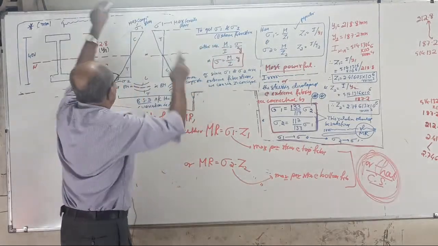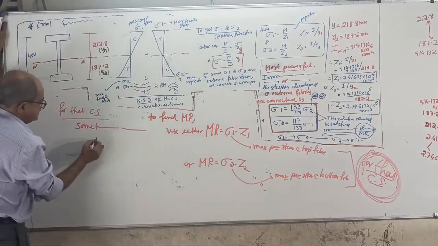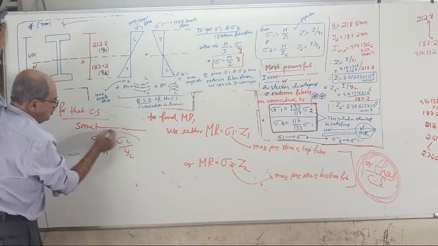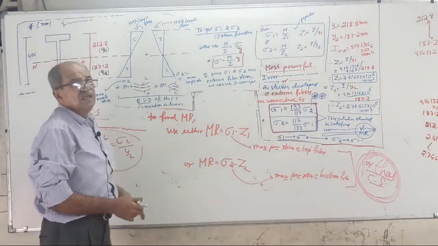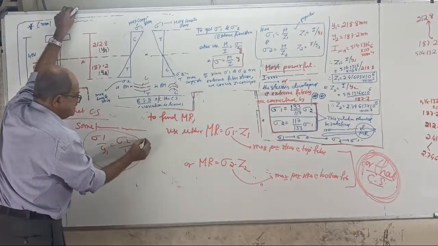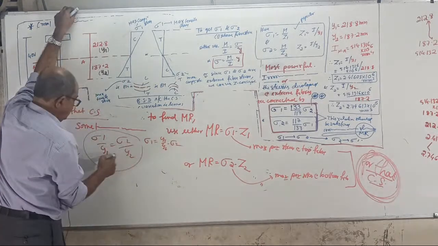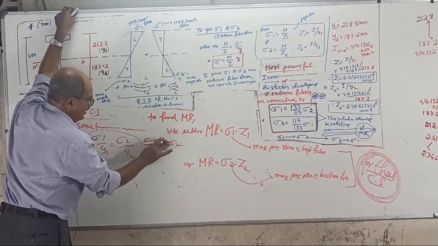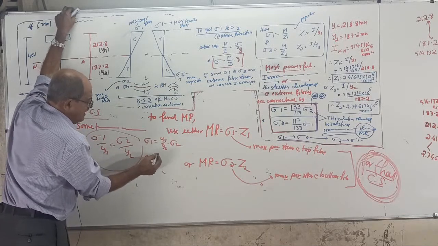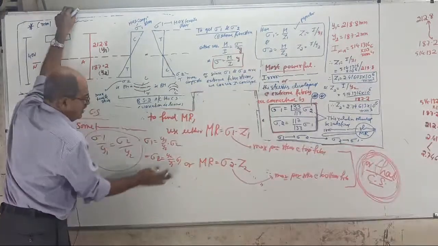It depends upon Y1 and Y2, or your sigma 1 by Y1 equal to sigma 2 by Y2. This condition is to be satisfied, or you can tell sigma 1 equal to Y1 by Y2 into sigma 2, or you can tell sigma 2 equal to Y2 by Y1 into sigma 1.